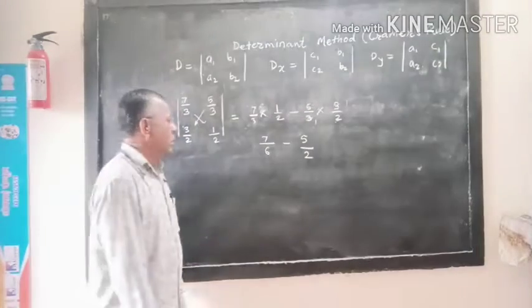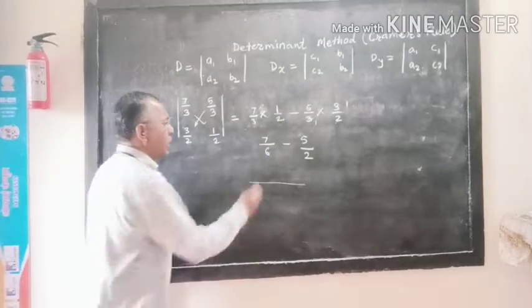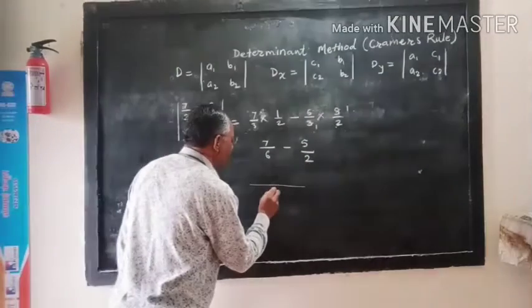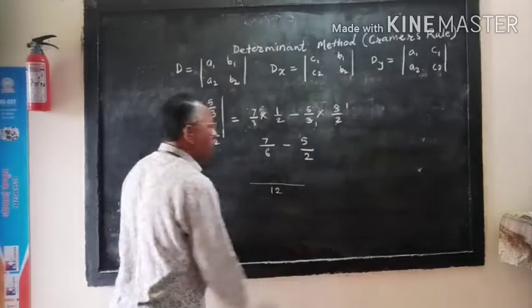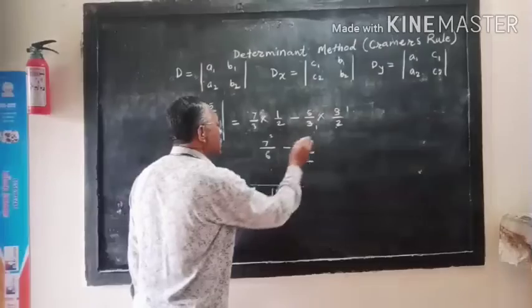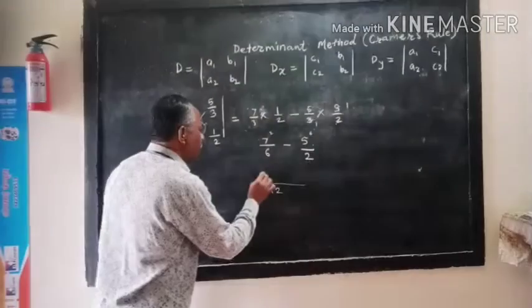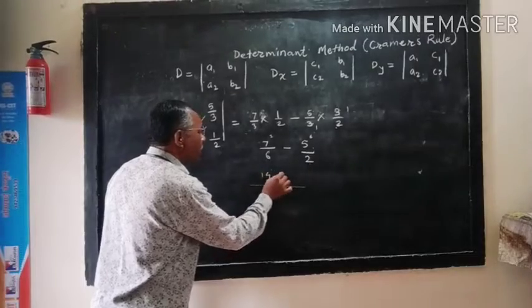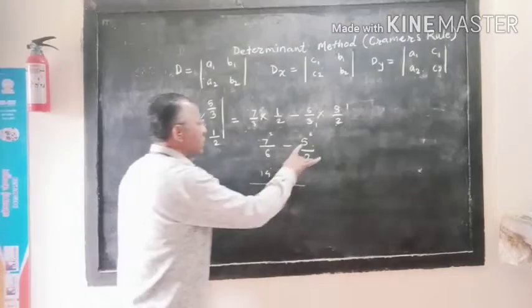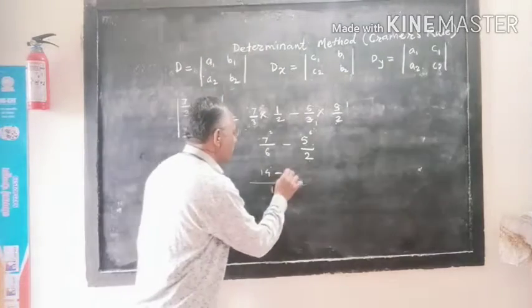Now see here, you have to take the LCM of 6 and 2, that is 12. You have to cross multiply here: 7 into 2, that is 14, and minus here 5 into 6, that is 30 here.